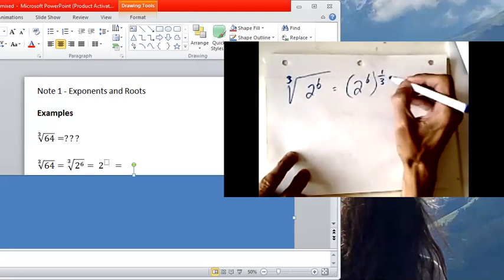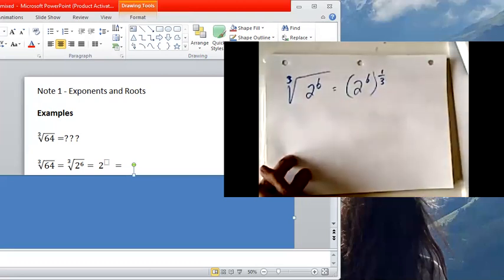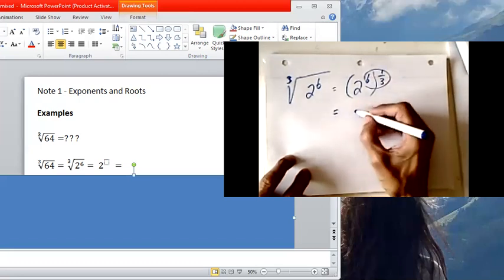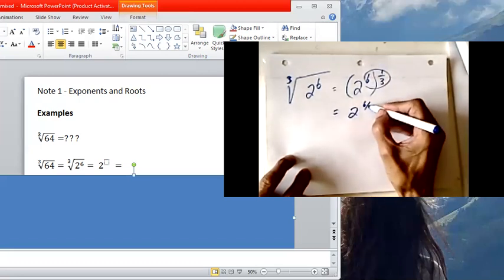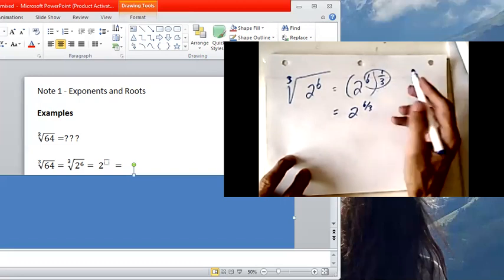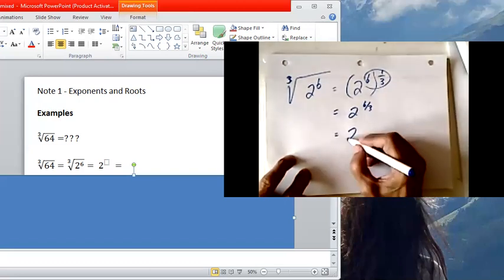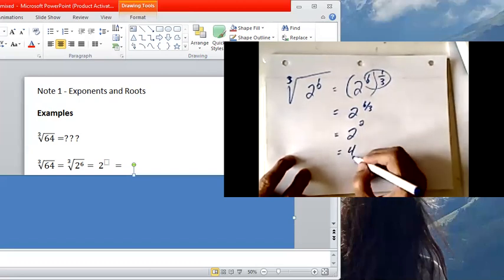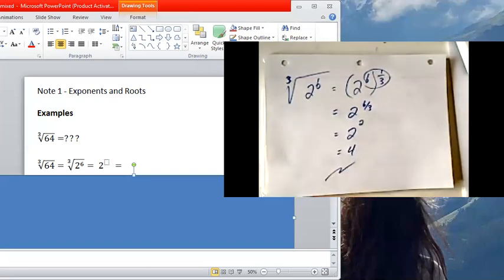That's the same as 1 over that same 3 on the outside. These multiply together, 2 to the 6 over 3, because of the exponent rules. What do you get? 6 divided by 3 is 2. Final answer, 4.